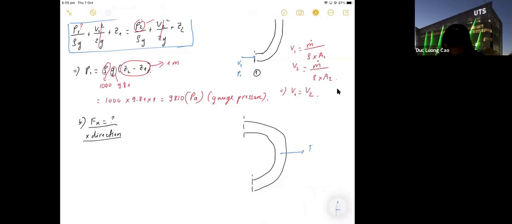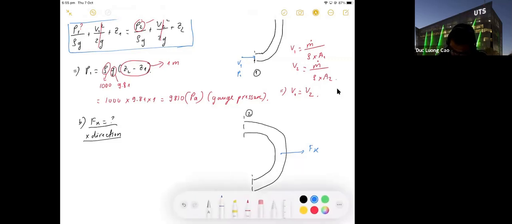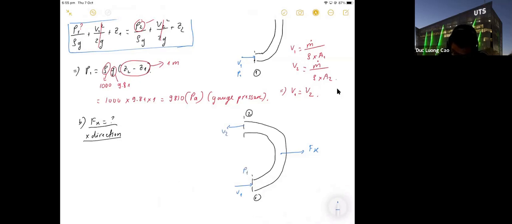This one is 1. This one is distance 2. And we have V1, V2, and here we have P1, P2, x direction. Okay, you have 5 minutes to find Fx.